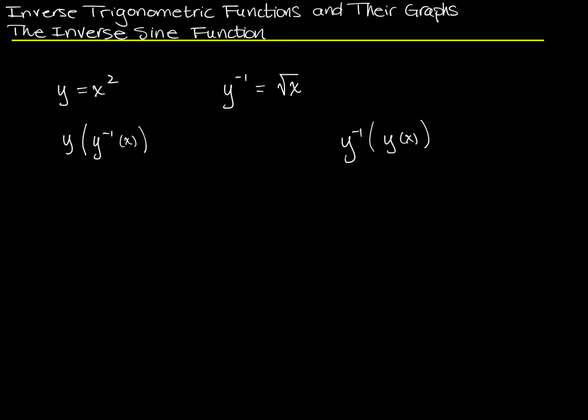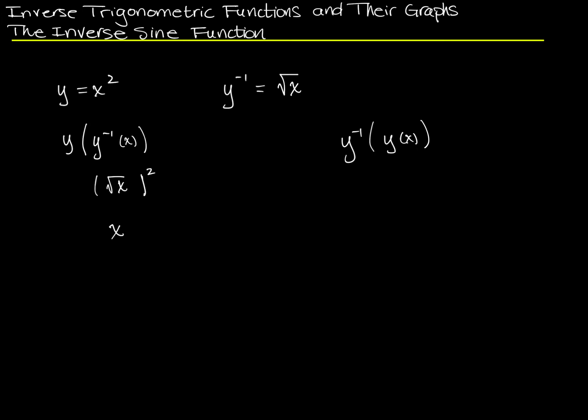And remember that inverses essentially cancel out whatever the original function did to x. So in this case, I'm going to have y inverse of x on the inside, and I'm going to do to that whatever y told me to do, which was to square it. And the answer is x.